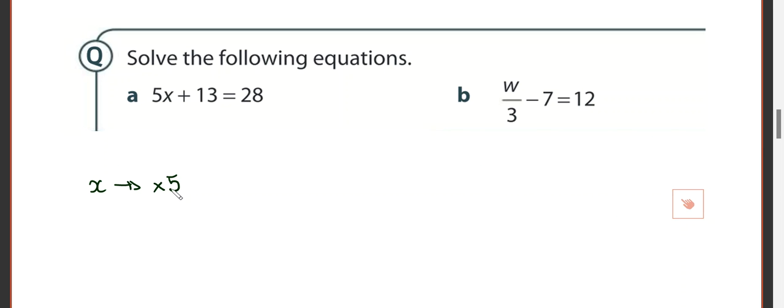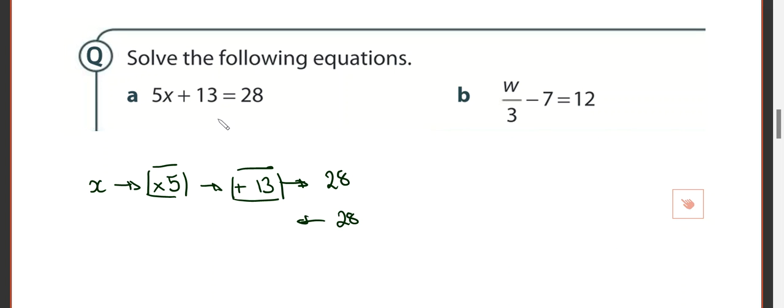So the number gets times by 5 first, then add 13, then you get the answer 28. So we start with 28 and we have to subtract the 13 to figure out what it was before we added the 13. But that is 15. Yeah? We then take 15 and we divide that by 5 and we get the answer 3.